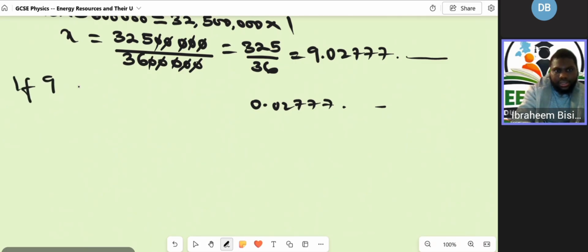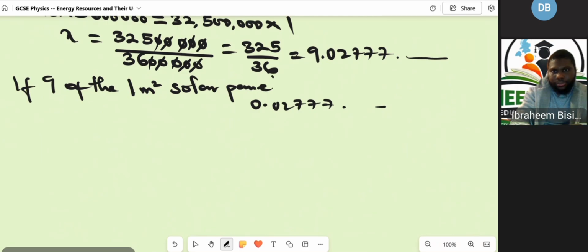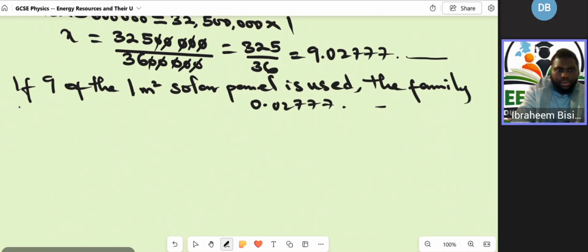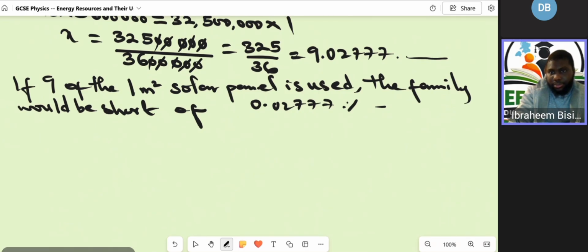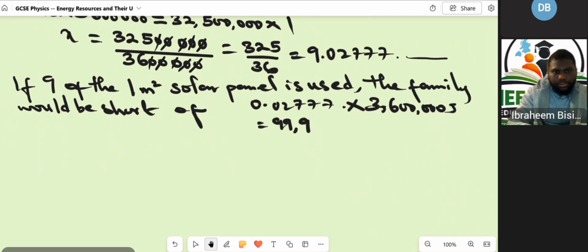If 9 of the 1 square meter solar panels are used, the family will be short of this value multiplied by 3,600,000 joules of energy, and that gives 99,997.2 joules of energy.